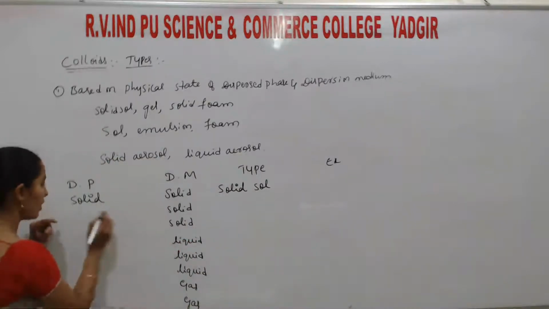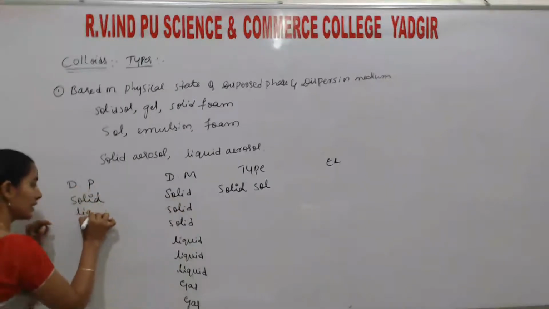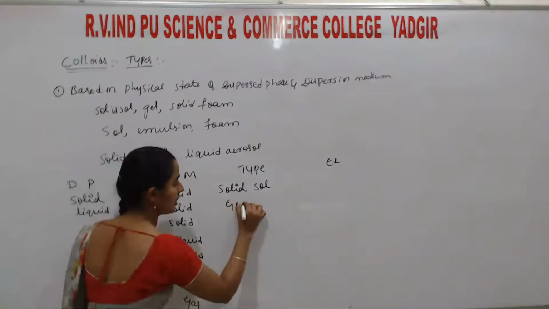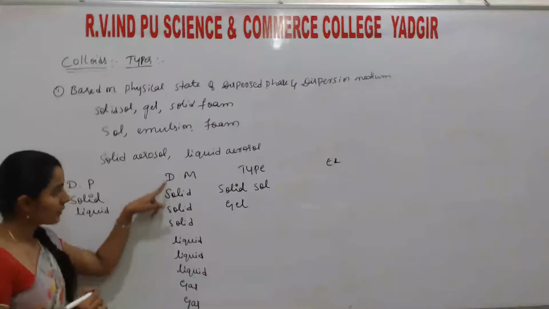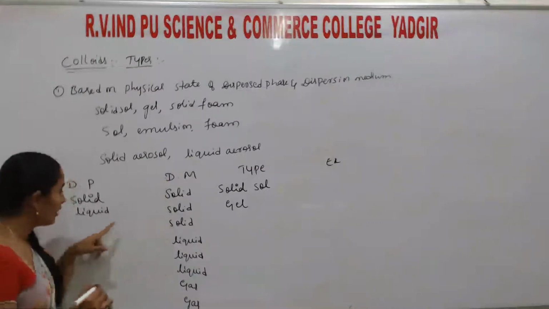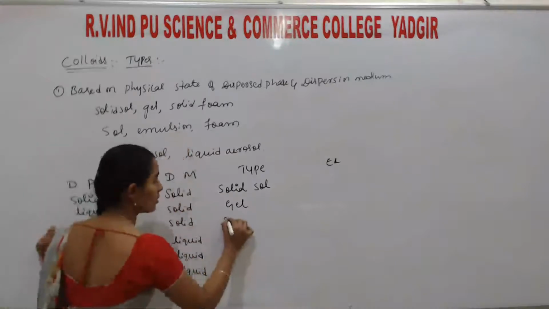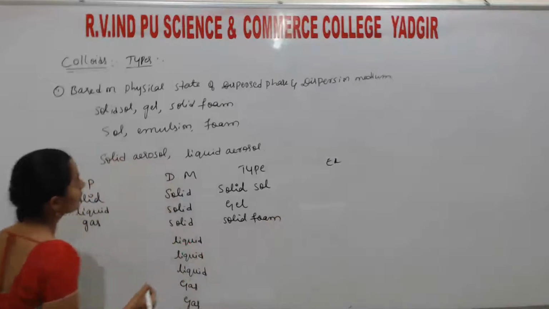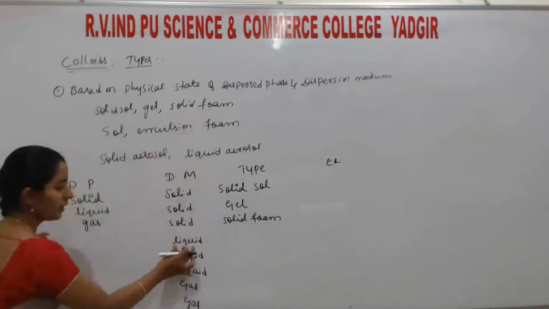If the dispersion medium is solid and the dispersed phase is liquid, then it is called gel. Understand? And if the dispersion medium, that is the solvent, is solid and the solute is gas, then it is called solid foam. Next, liquid.